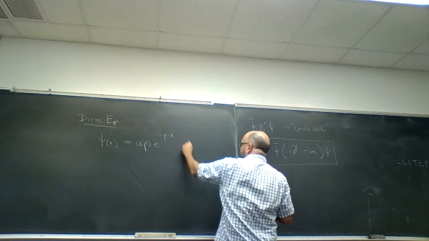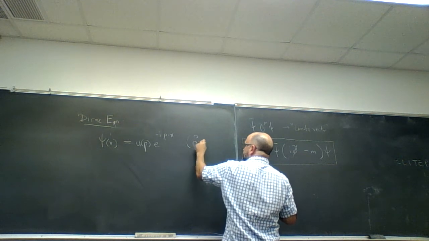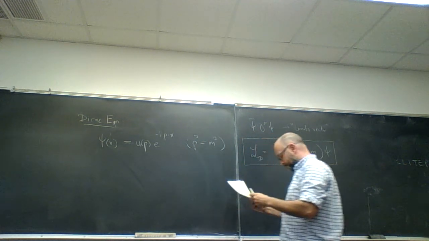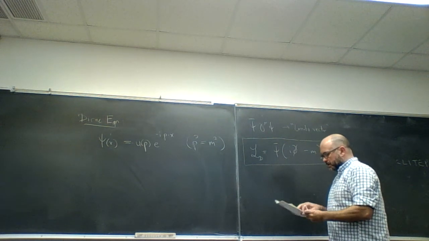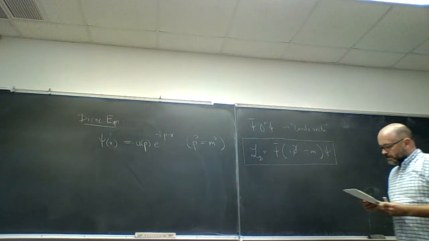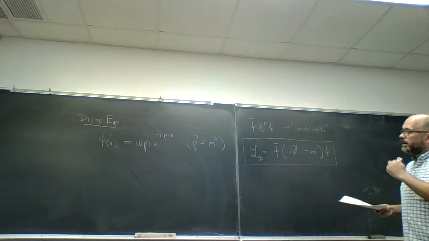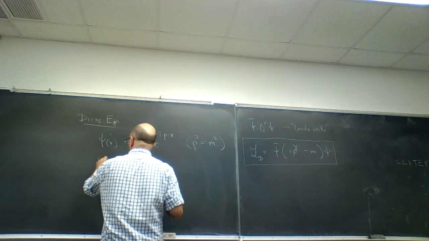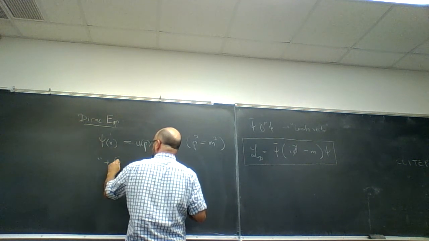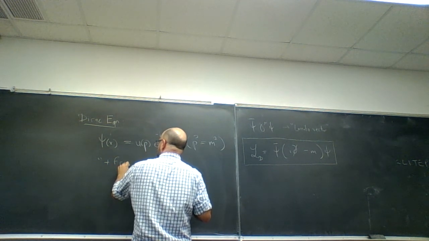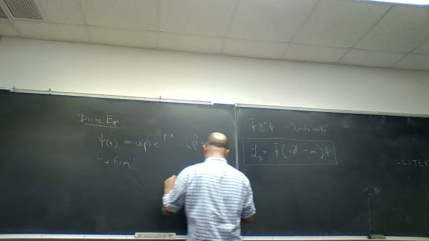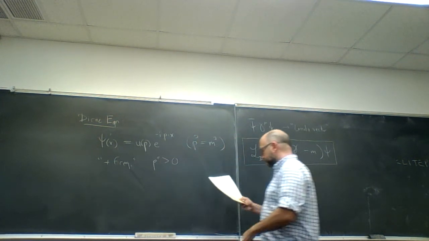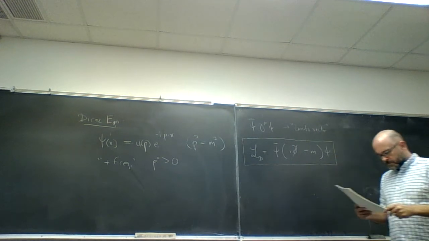Just to remind you, the p here is the 4 vector, so p squared equals m squared. All right, and for the time being, we're going to focus on the positive frequency solutions, or the positive energy solutions. In other words, our p0 is greater than 0. Okay.